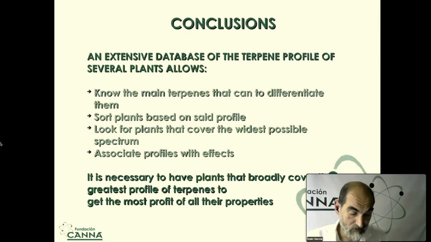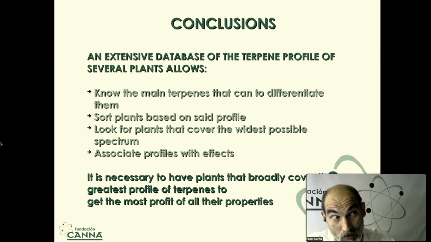Well, as conclusions, we can say that it's very important to have a broad database of the terpene profiles of different plants to be able to make a more precise classification. The more plants you give to the statistical tool, the more representative the classification will be.